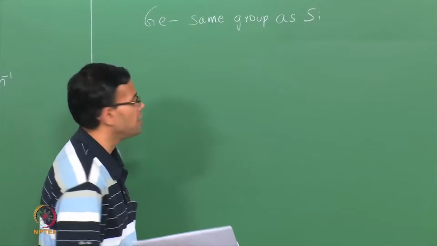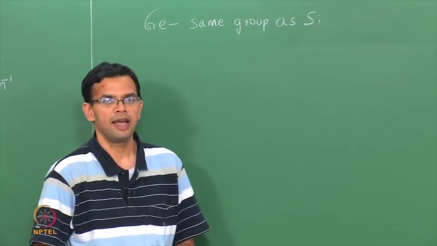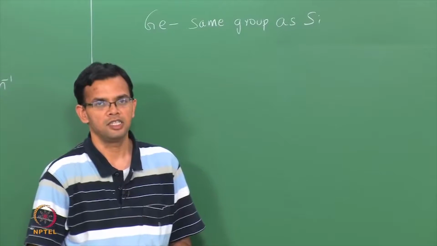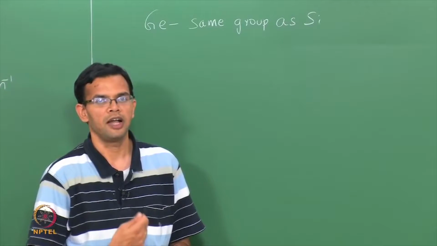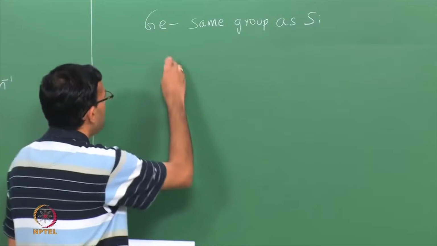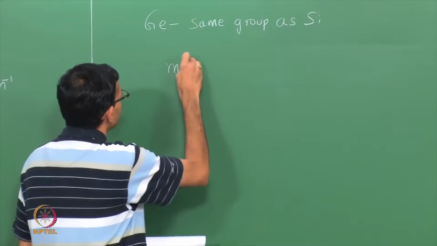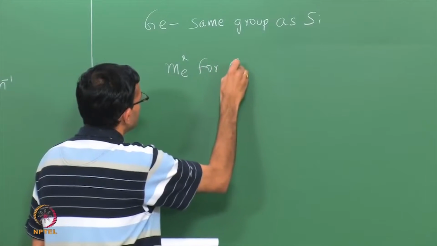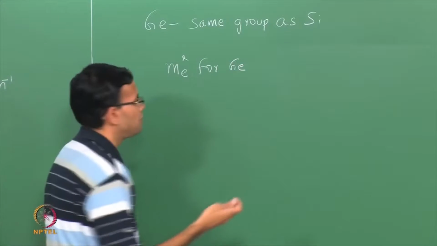Once again, in the case of germanium, we can calculate the ionization energies for these dopants. We could use the hydrogenic model. The only difference is the effective mass me star for germanium will be different from that of silicon.